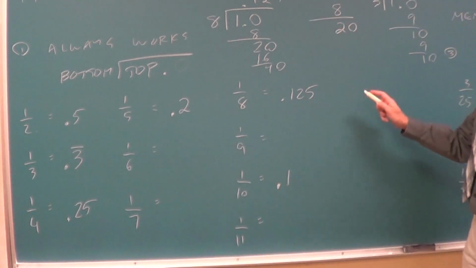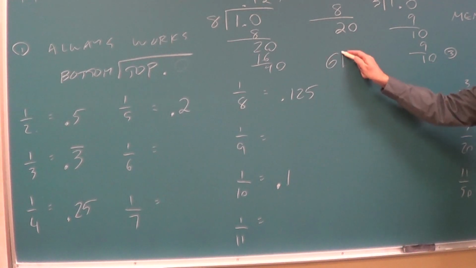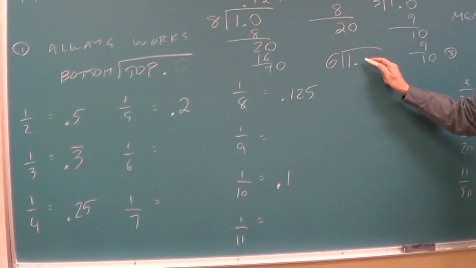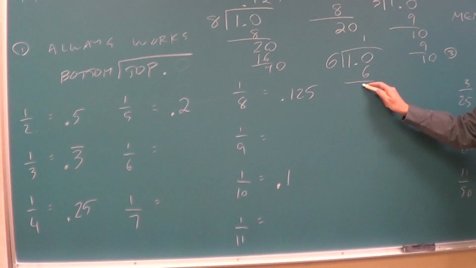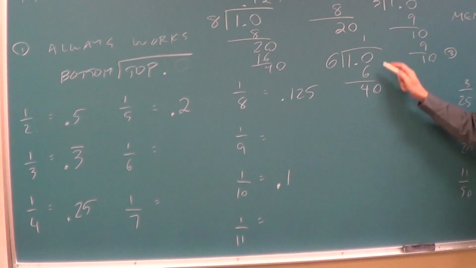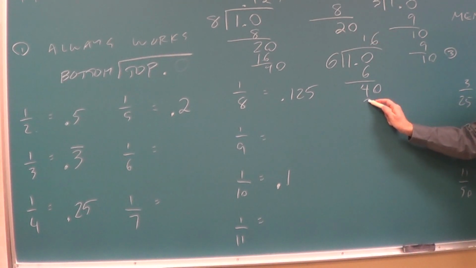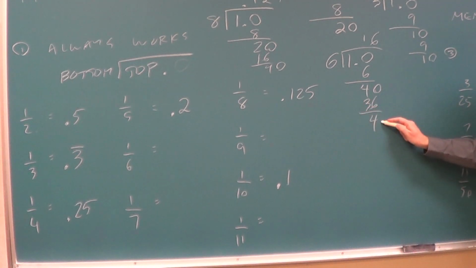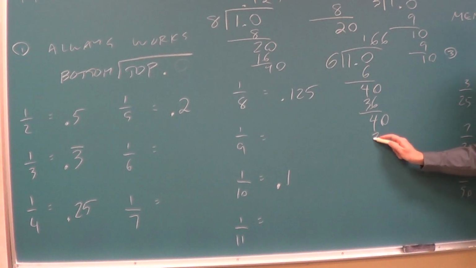Let's go 1/6. So if we go 1/6, we're going 6 out, 1.0, 1 in, 1.0, 1, 1, 6, 4, 0, 6, 36, 4, 6, 6, another 6.